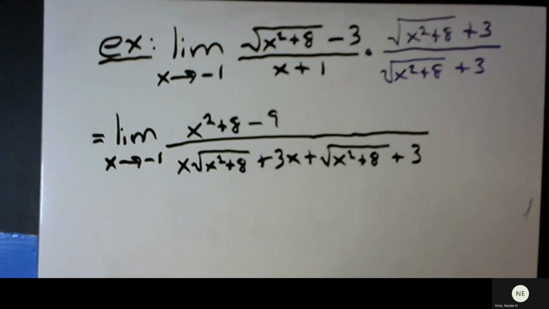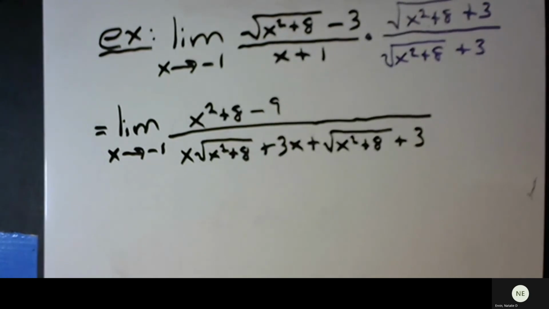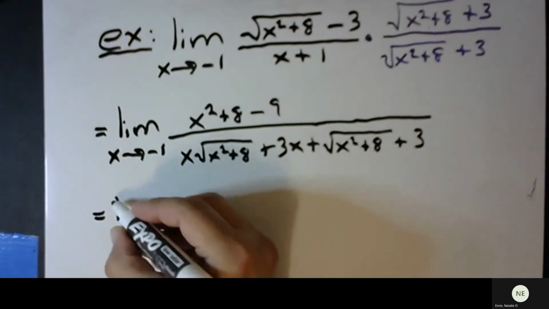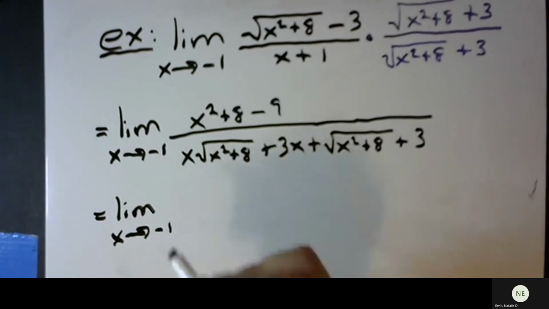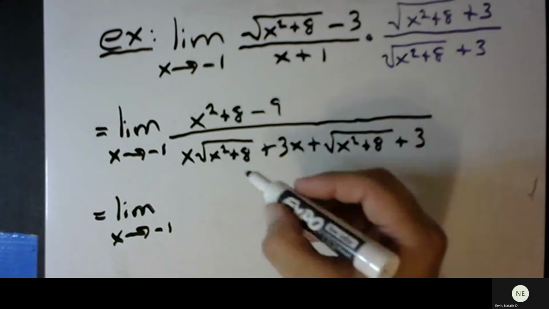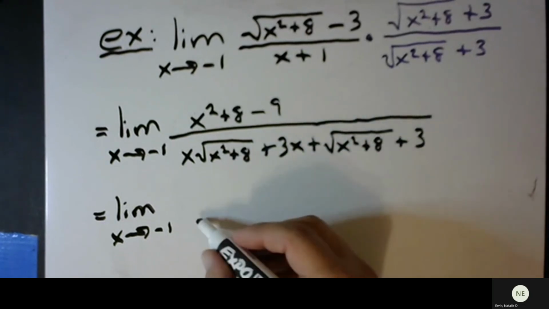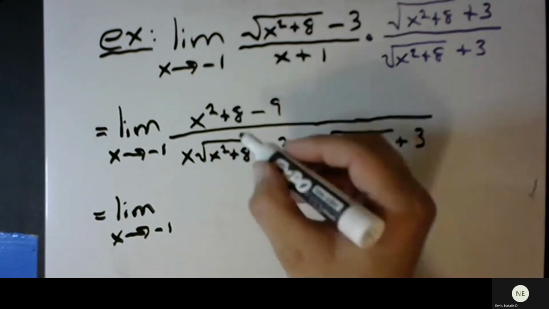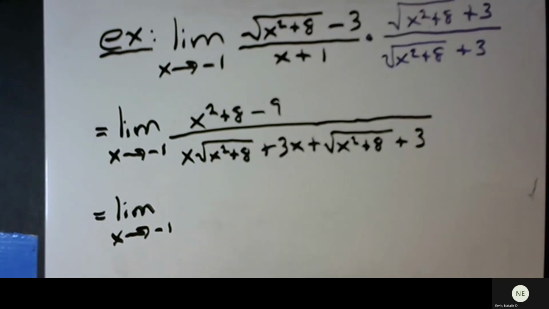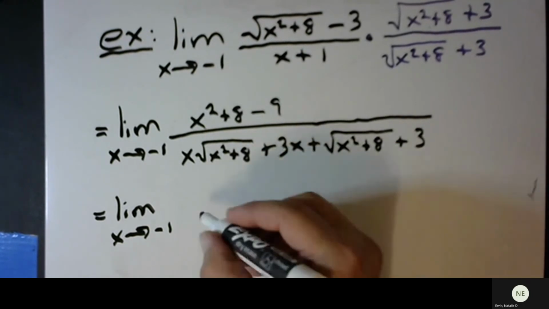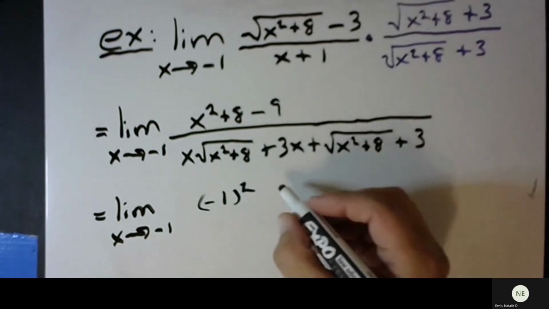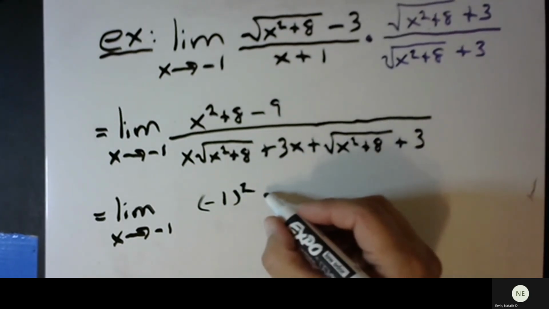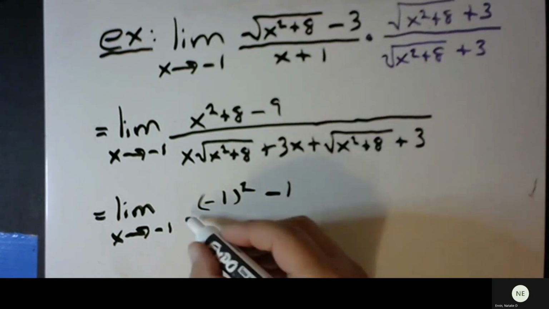All right. So let's see. Kind of a messy one here. Any simplifications? Well, not too much we can do on top, we'll get something. But let's substitute in this -1. And 8 minus 9 is -1.